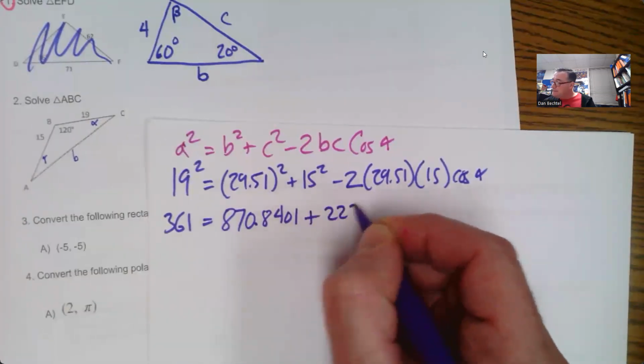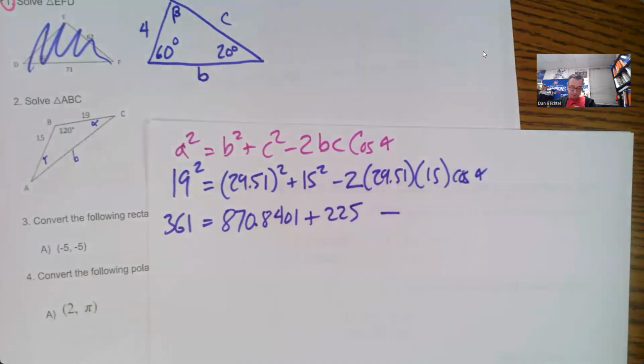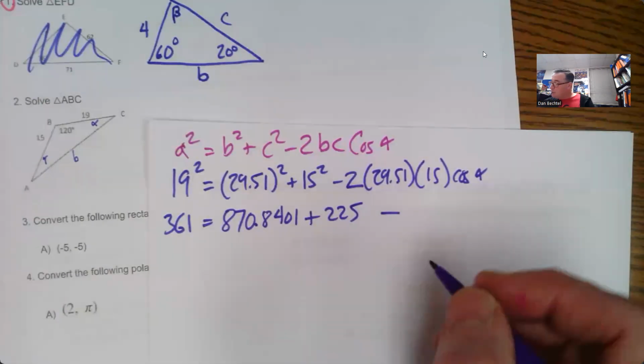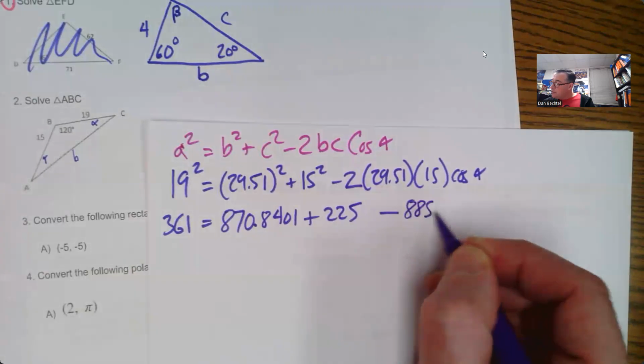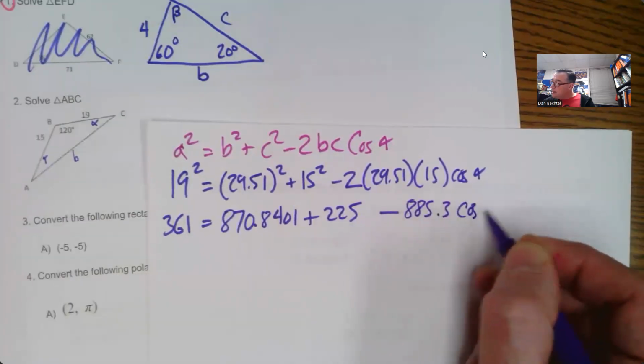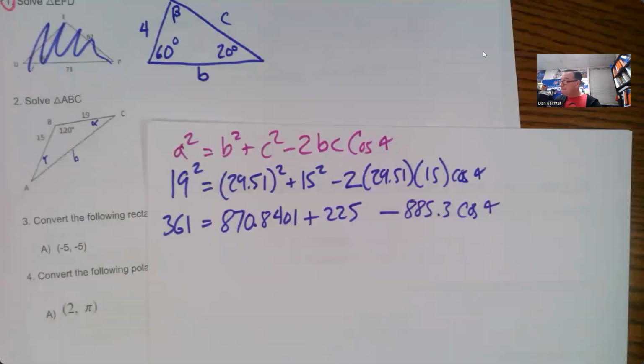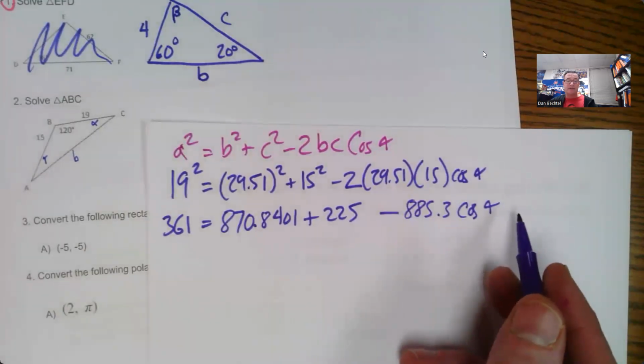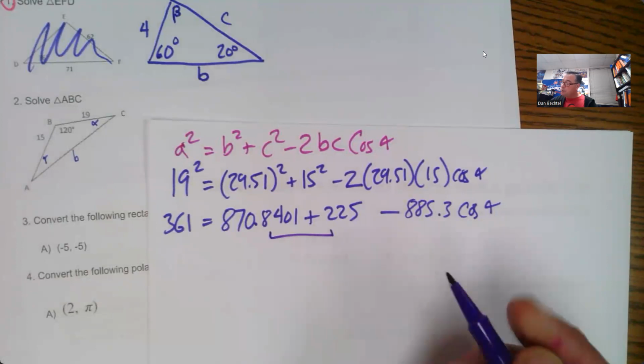Plus 225 minus 2 times 29.51 times 15 is going to give me 885.3 cosine of alpha. Okay, guys, we're going to get that cosine of alpha by itself, right? So first thing I've got to do is put those two together.